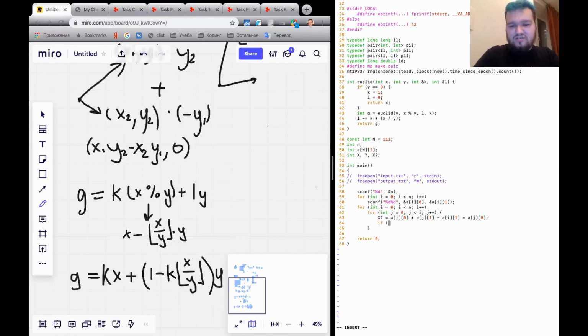And if it's not 0, we want to find something non-zero. After this, it should be non-zero. Let's take modulo, because it's more convenient that way.